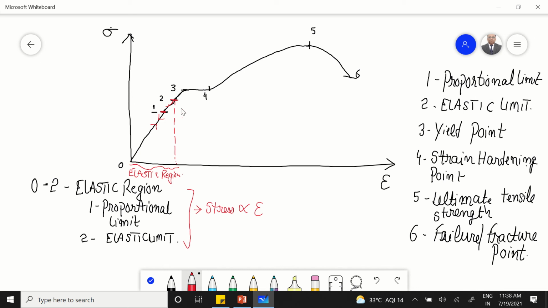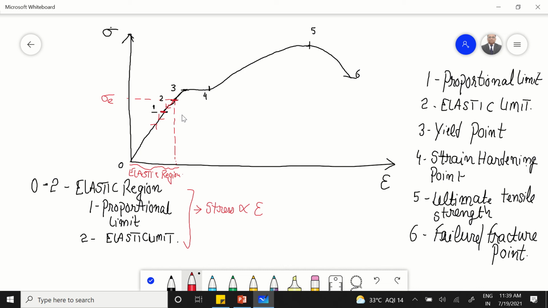It is because even at point number 2, whatever load you have applied up to point number 2, let us call it sigma E, whenever you remove this load, the material still has the capacity to regain its original position without showing any visible sign of failure.